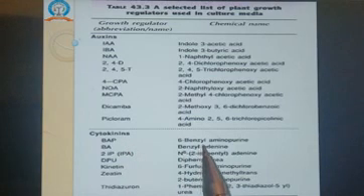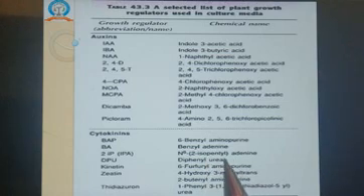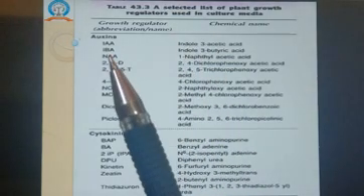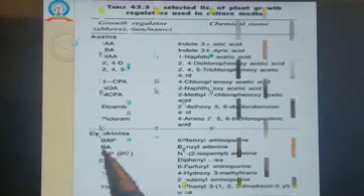Then BAP, 6-benzylaminopurine, benzyladenine, then N6-2-isopentenyladenine, then DPU meaning diphenylurea, then kinetin, 6-furfurylaminopurine, zeatin, and thidiazuron is 1-phenyl-3-(1,2,3-thiadiazol-5-yl)urea. These are the names of the growth hormones and the classification: auxin and cytokinin.